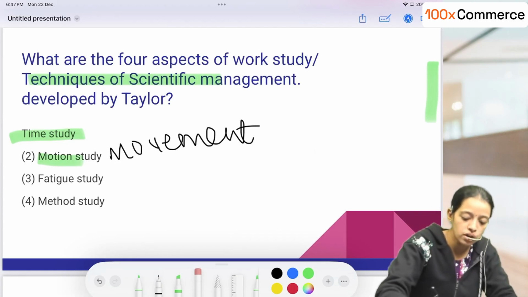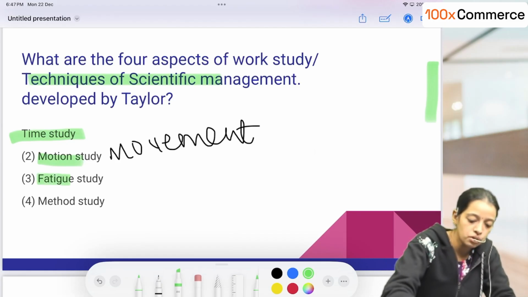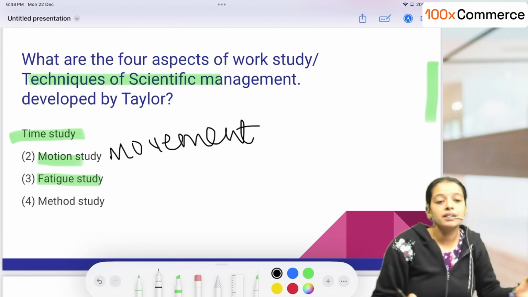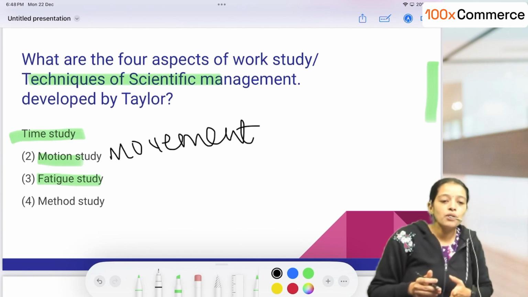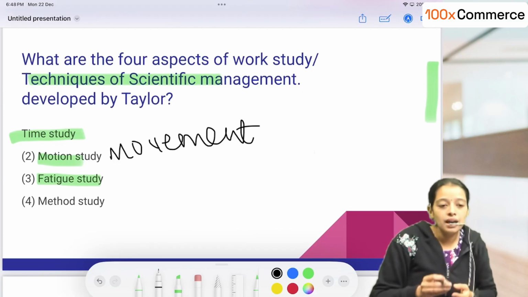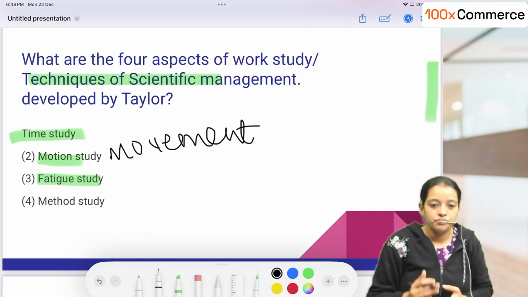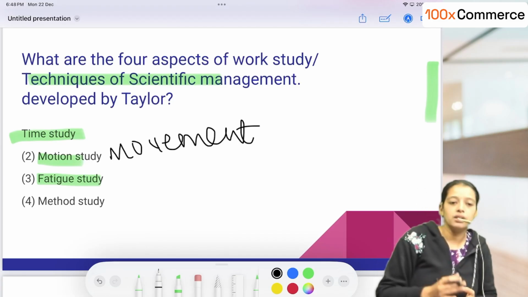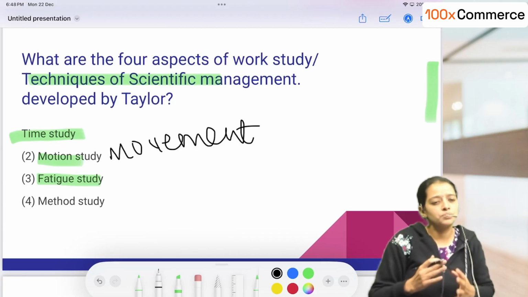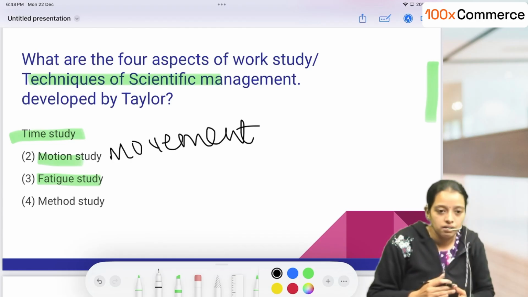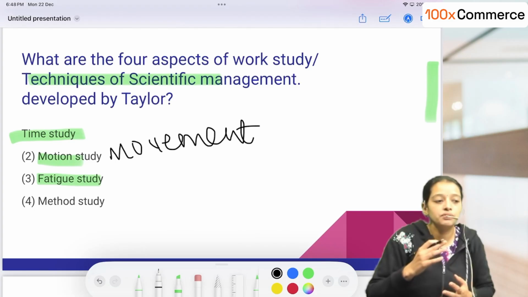Next one basically tells about fatigue study. So what is this fatigue study? Fatigue study is related to the employees' physical aspects. Without taking any kind of break, if the person starts working continuously, he starts feeling tired. Yeah, he starts feeling that fatigue.